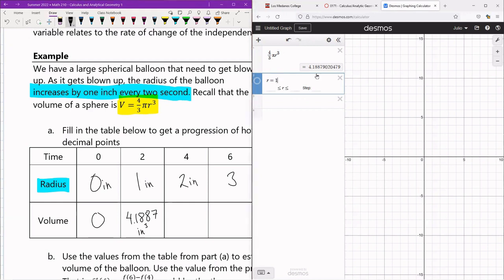Okay, let's keep going. Let's do 2. 33.51 inches cubed. Okay, let's do 113.0, let's call it 113.1, yeah?